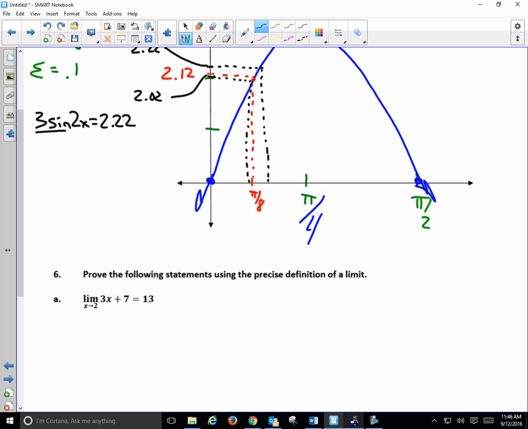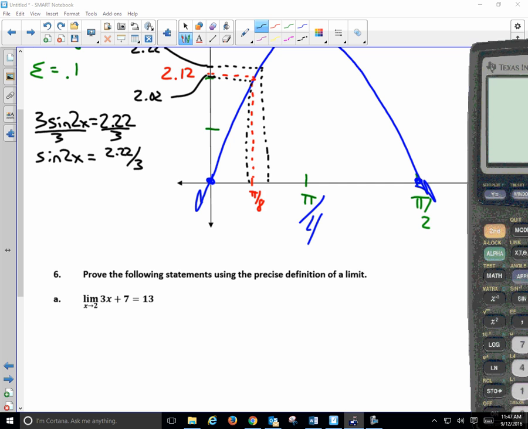Divide by 3. And how do I get rid of the sine? Arc sine, sine inverse.